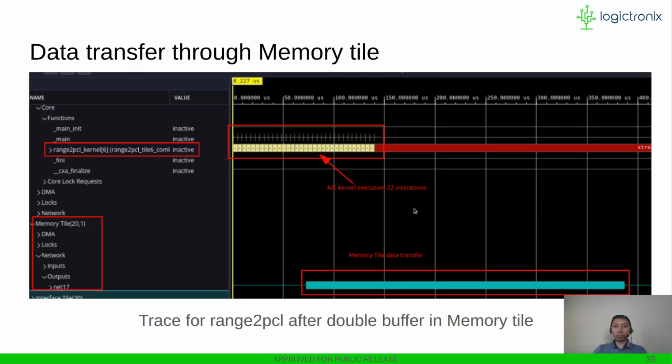When you go for double buffering, your processor will run continuously without any stall, and the memory tile data transfer is also going on in parallel with the processing by our compute tiles.